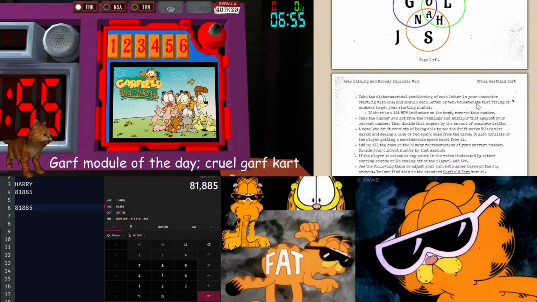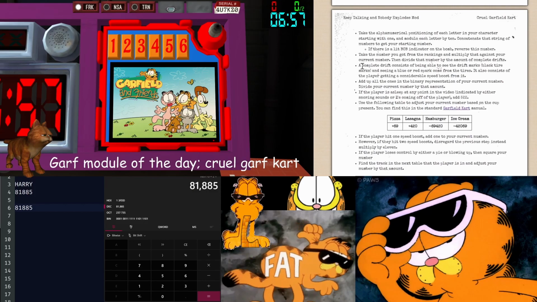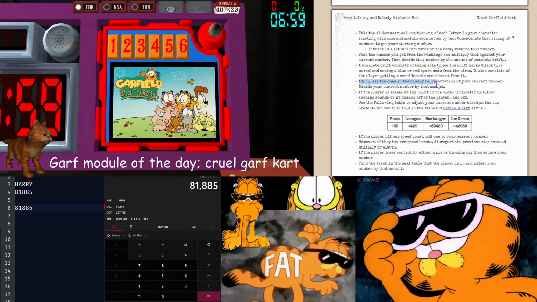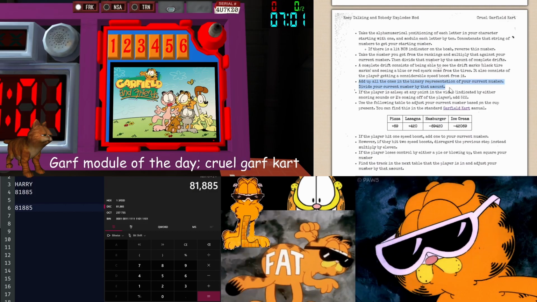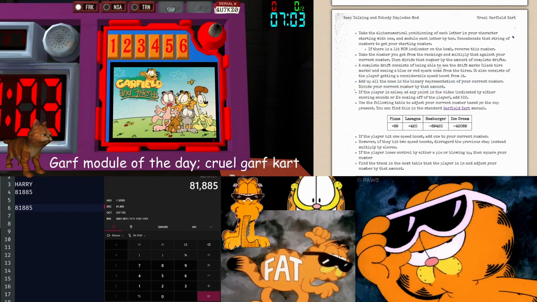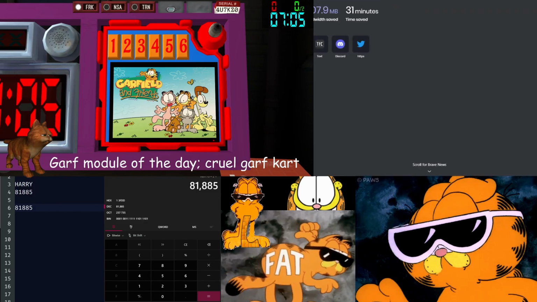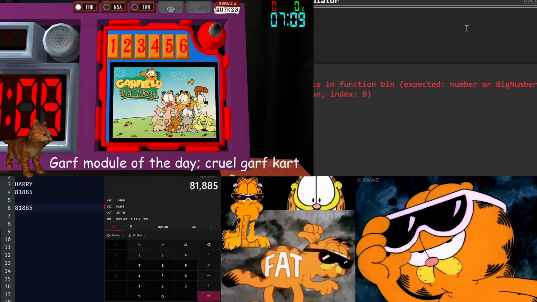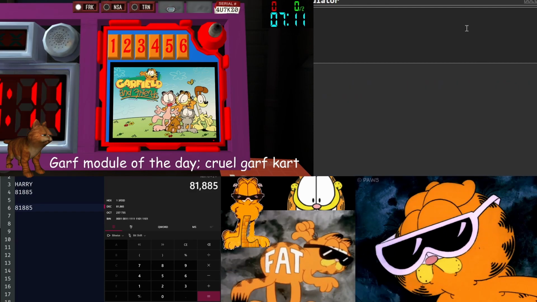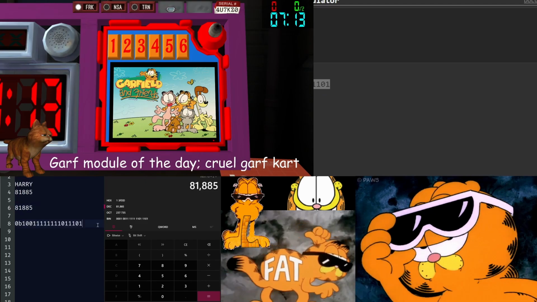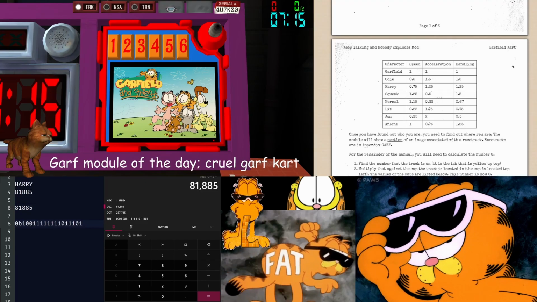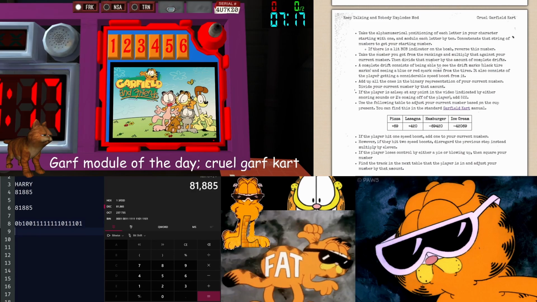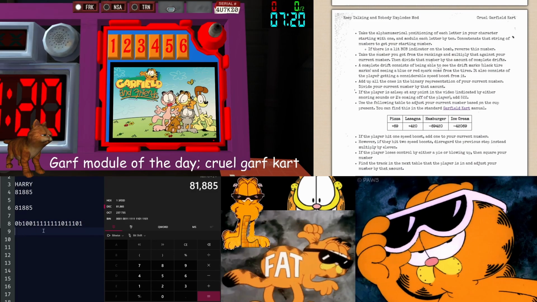Then we go to the next step, which is to add up all the ones in the binary representation of your current number and divide it by that amount. So let's just do this. 81885 gives us this binary number.